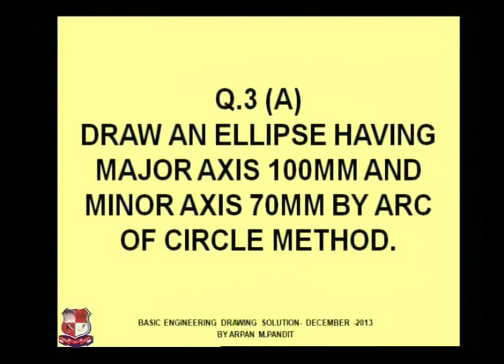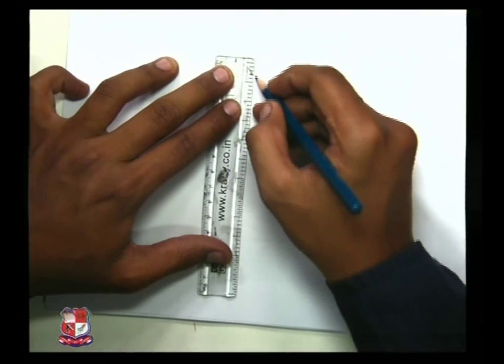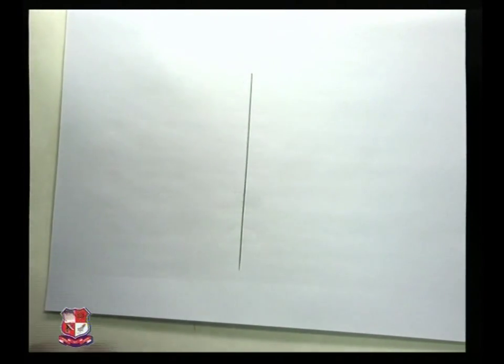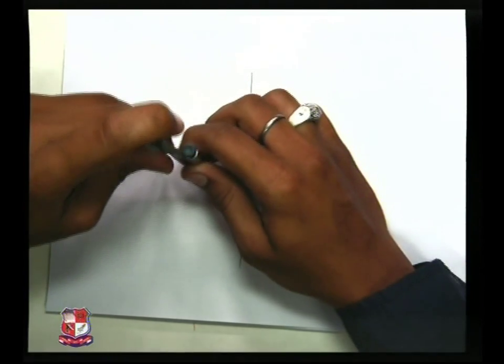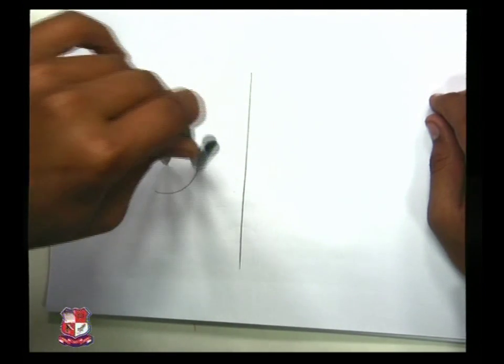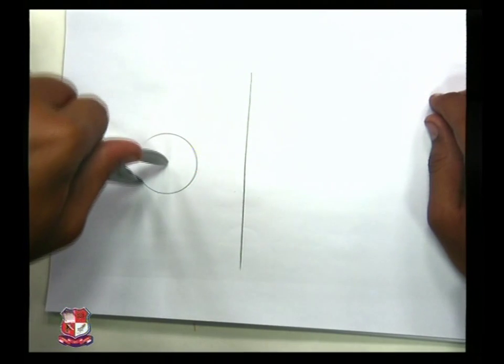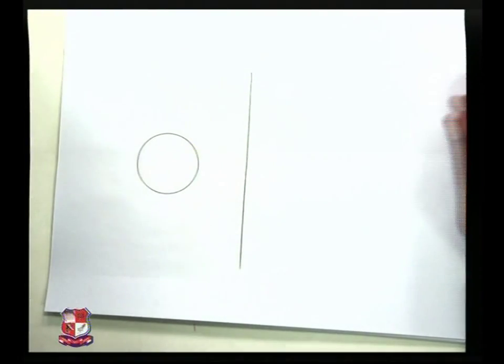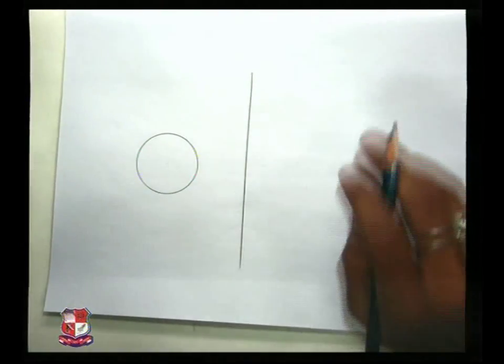Now what is the terminology of a circle? First of all, let's understand the terminology of the circle. A circle will have only one thing, a diameter or a radius. Only one parameter would affect the circle.